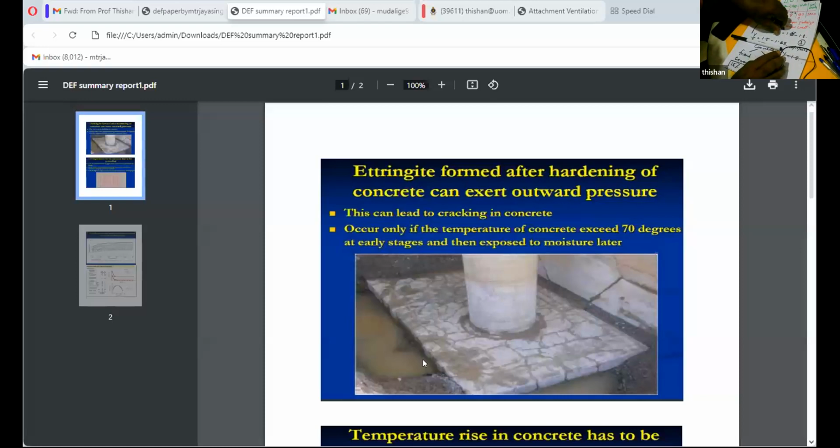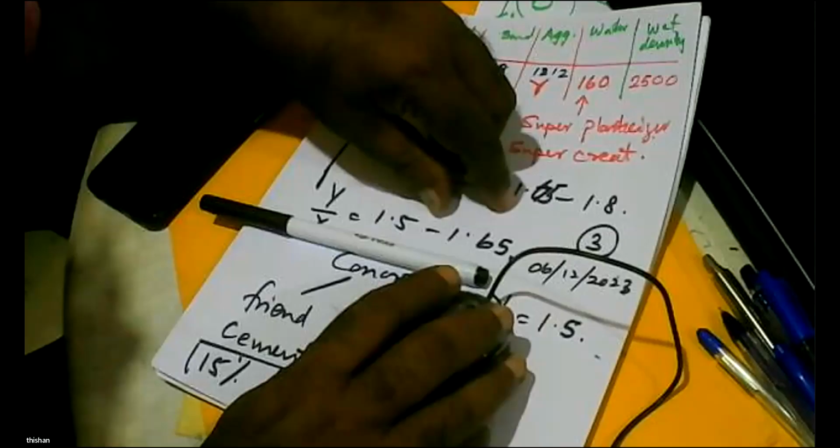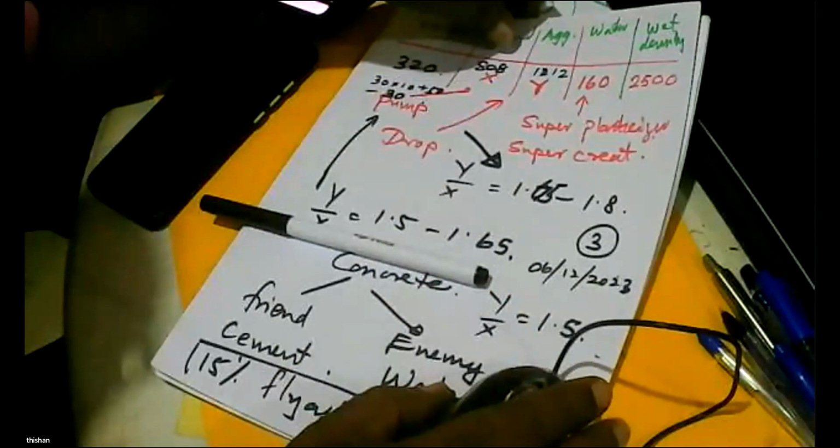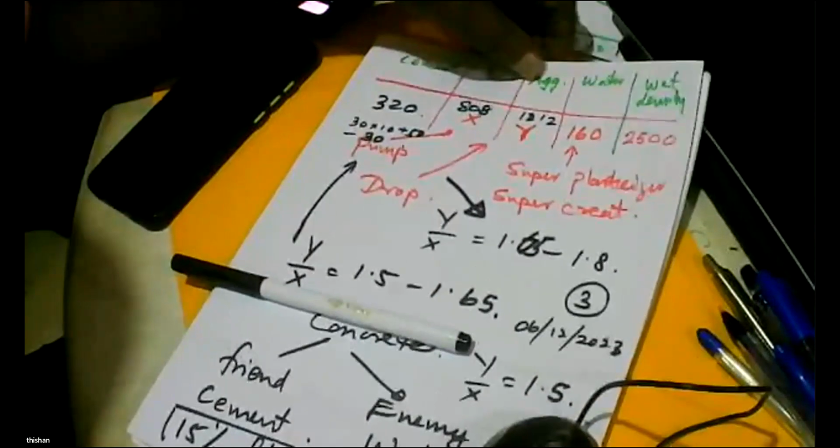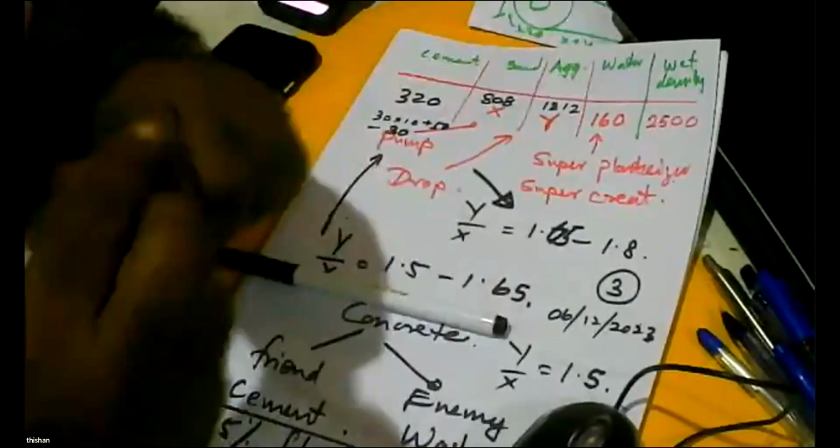Do you like to have the pile cap cracked like this after 3-4 years after construction? You don't like it? Right. Now you want to make sure it doesn't happen. So what is the way you make sure it doesn't happen?